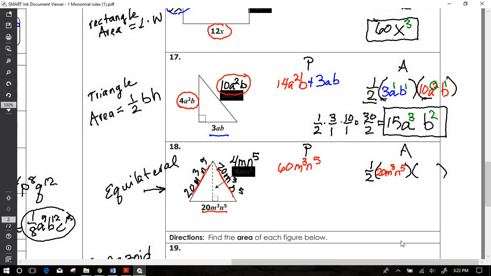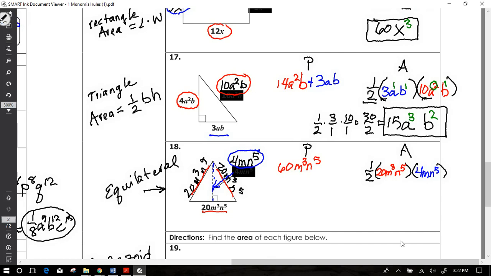And my height is where this arrow was pointing to that line. That's the height of the triangle. So it's this number, 4m n to the 5th. Okay?